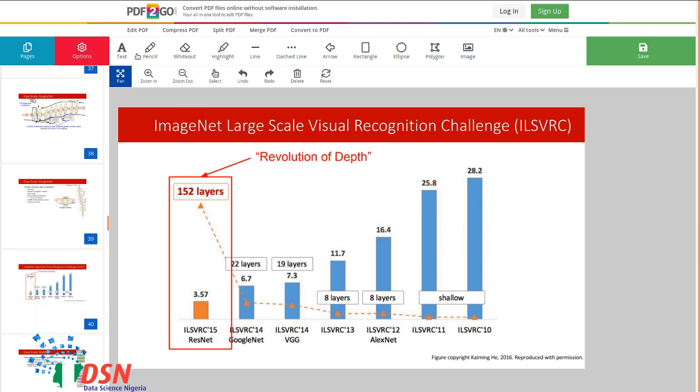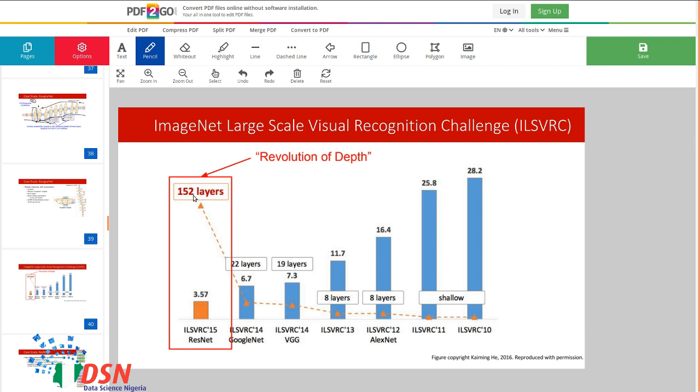Okay. After GoogleNet in 2015, we had ResNet, which is in fact a revolution in the depth of deep neural networks. AlexNet has 8 layers, VGGNet has 16 or 19 layers, and we have 22 layers for GoogleNet.